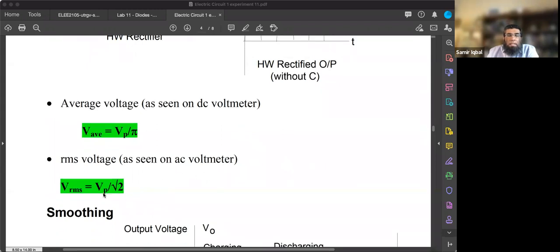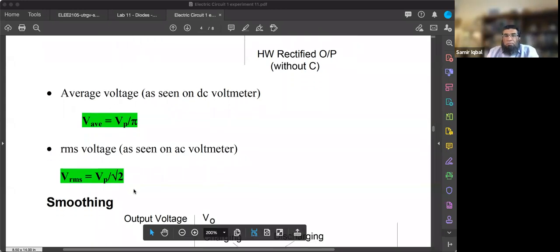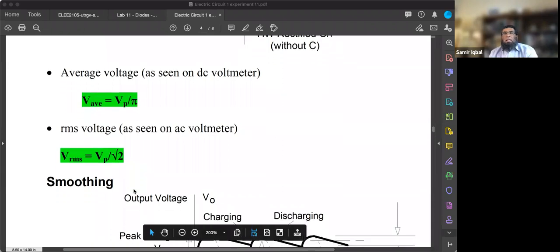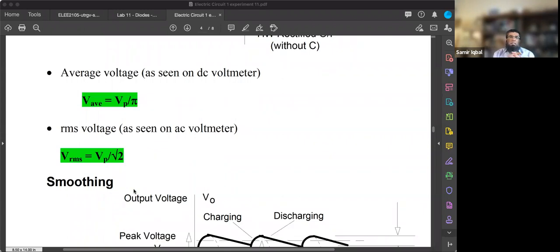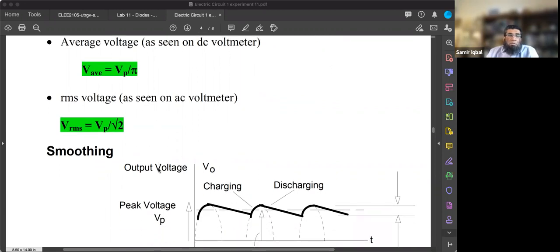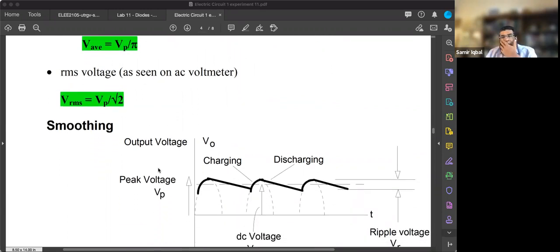That would be Vp divided by square root of 2, what we call the RMS value. For a signal, remember, we are always interested in average and RMS. RMS tells you, across a long period of time, what is the power being transferred through a circuit. So we use RMS a lot more than we use the average.